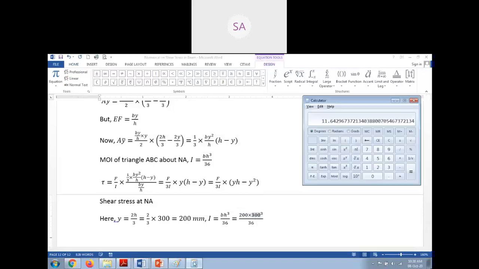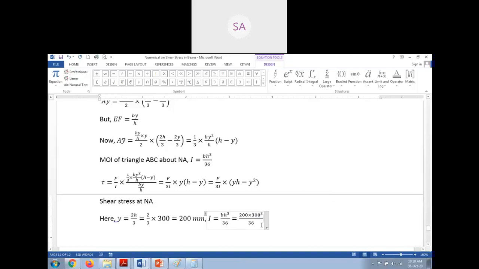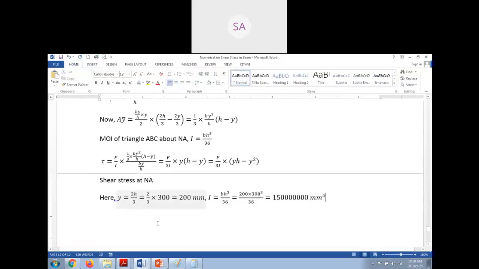So 300 cube into 200 by 36. I'll just copy this and paste here. It is equal to this much, in mm to the power 4. F is known, y is found. Okay, now we can find the shear stress.